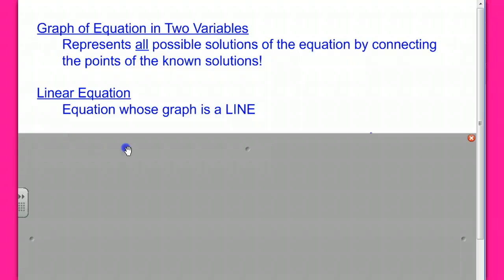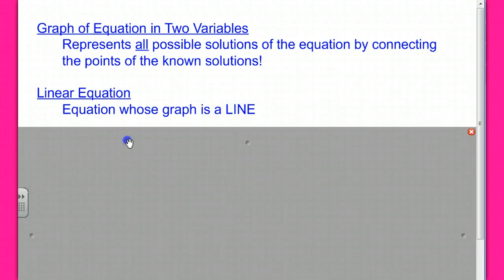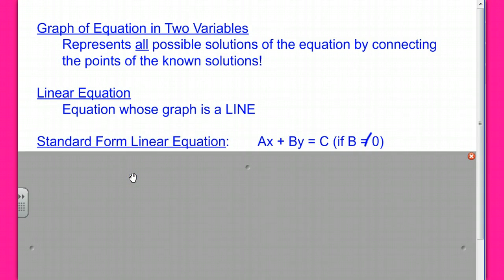Okay? So we're really going to explore linear equations. And you know a lot about them from last year. The standard form for a linear equation is given by this. This is the model. AX plus BY equals C. B may not equal 0. It would wipe out your Y. We can talk about that as we move forward.